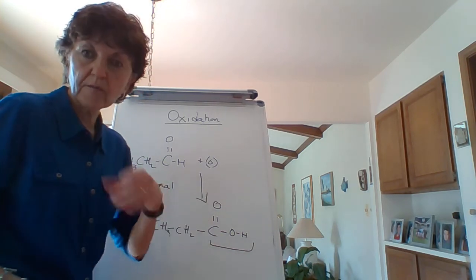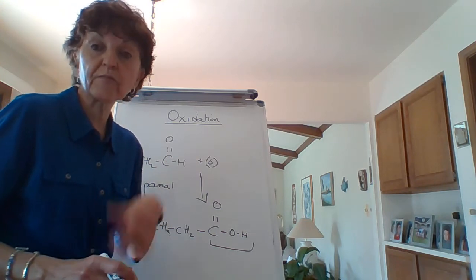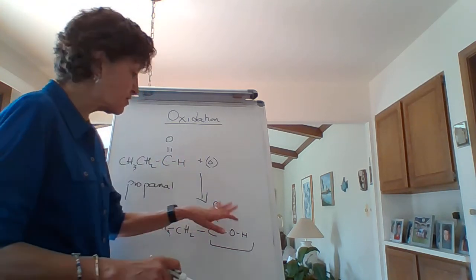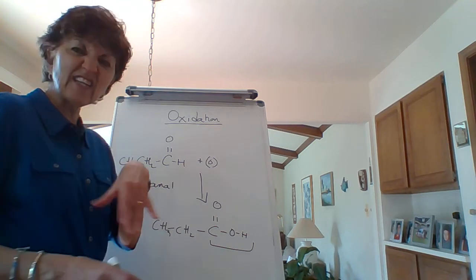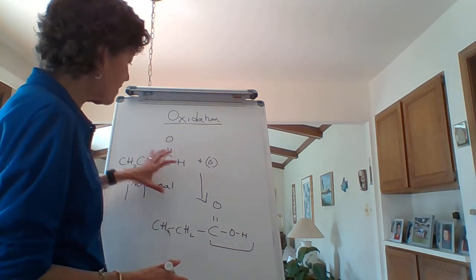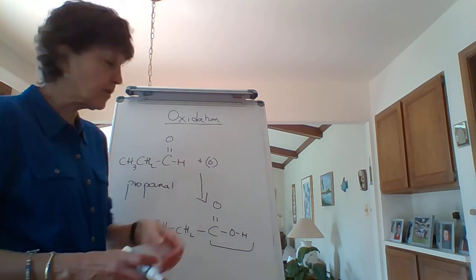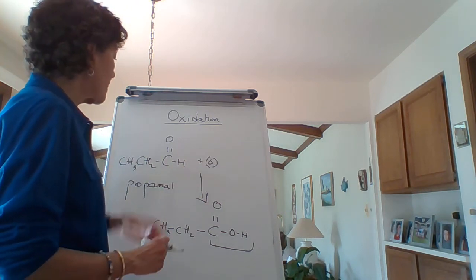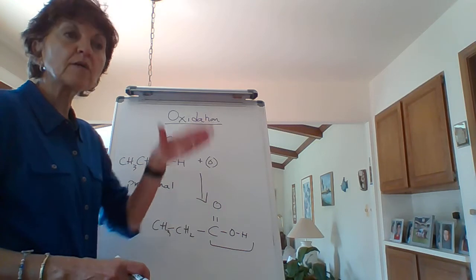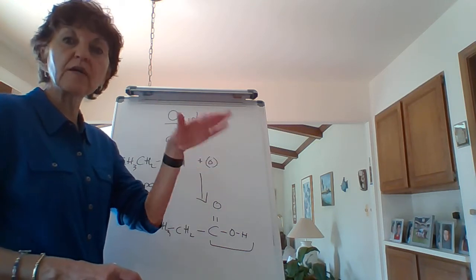And this is the topic for the next chapter, carboxylic acids and esters. We're going to be dealing with that. So you don't need to name it right now, but propanal is going to be turned into this, which we will name as propanoic acid when the time comes. So aldehydes can be oxidized. A primary alcohol is oxidized, it becomes an aldehyde.